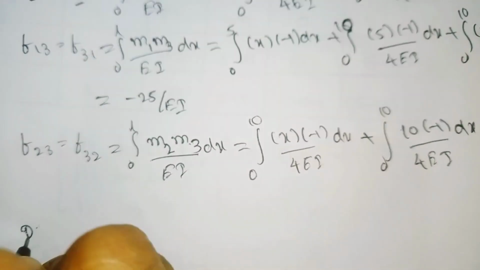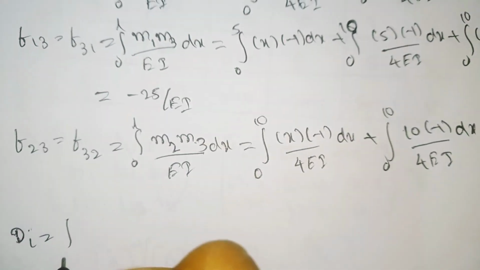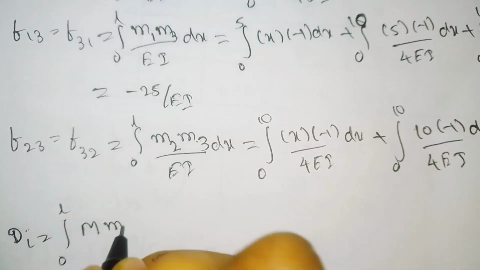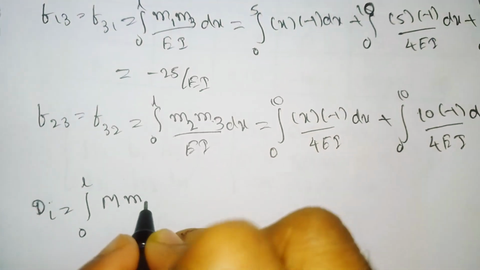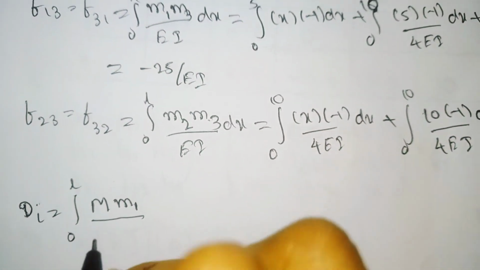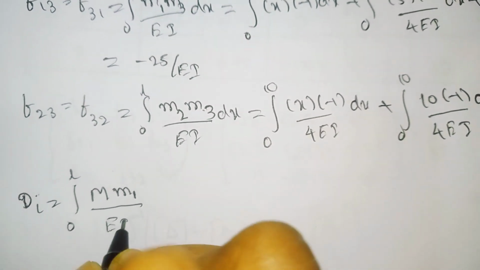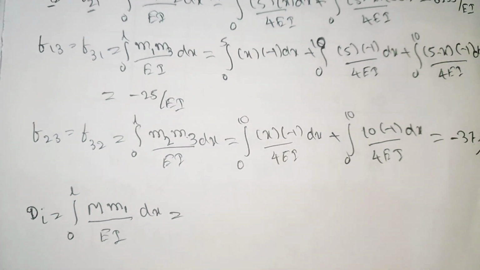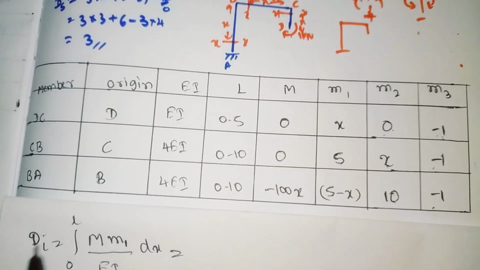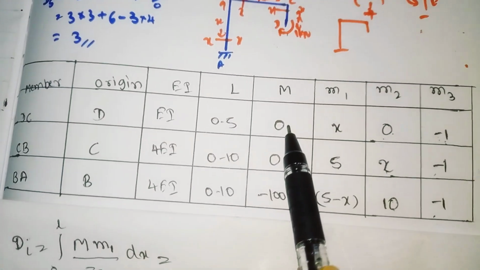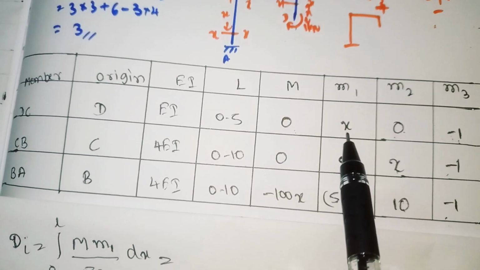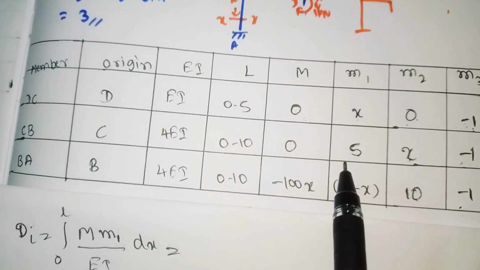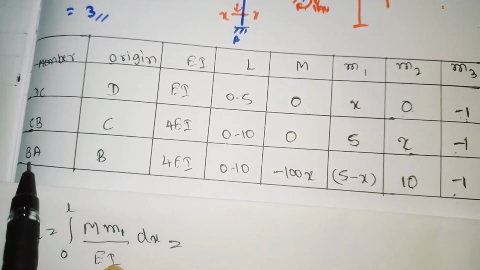So D1 is equal to integration of 0 to L capital M into M1. For coordinate 1 we need to take the moment of coordinate number 1 divided by EI into dx. Now we'll substitute all the values and see. For DC we have the M value 0, 0 into anything becomes 0. Here also for CB we have the M value 0, 0 into anything becomes 0. So now we need to calculate for BA.